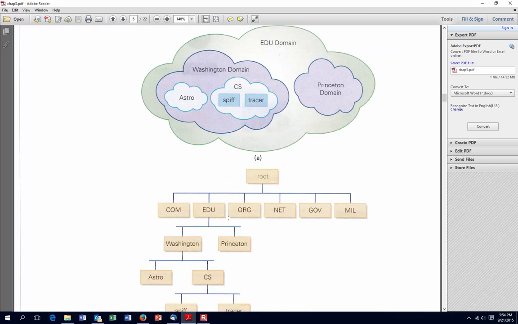So here's a nice graphic that shows kind of how this works. Within the edu domain, the educational domain, you can have different schools that reside in here. For instance, University of Montana would fit in here, or the Washington school that he's talking about. Further subdomains within Washington would break down here to be the astronomy department and the computer science department.